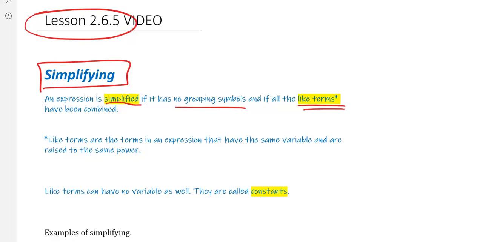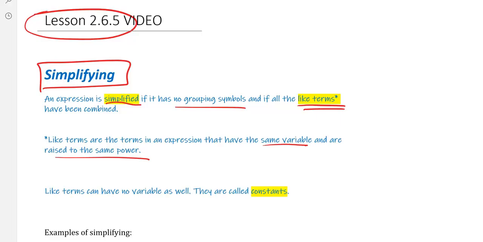Terms are anything in an expression that is separated by an operator. Like terms are the terms in an expression that have the same variable and are raised to the same power. Like terms can also have no variables as well. Those are called constants.